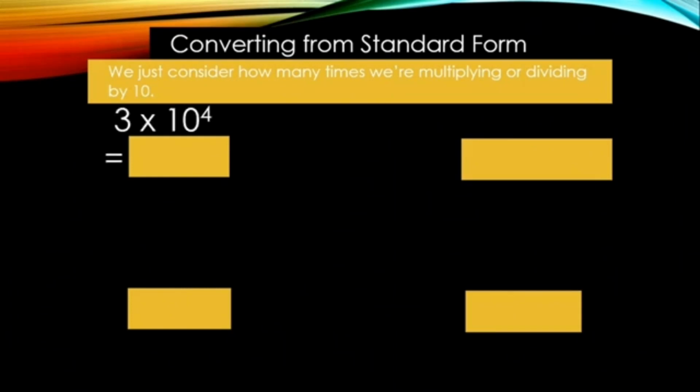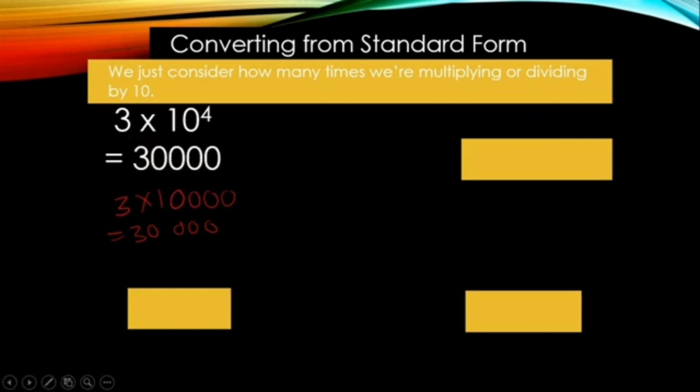Since our power of 10 is positive, it means we are going to move to the right. So it will be 3 times 1, and how many zeros? 4. 1, 2, 3, 4, and this will give us 30,000. Let's check if our answer is correct. Yes, our answer is correct. It's 30,000. Let's try another one.